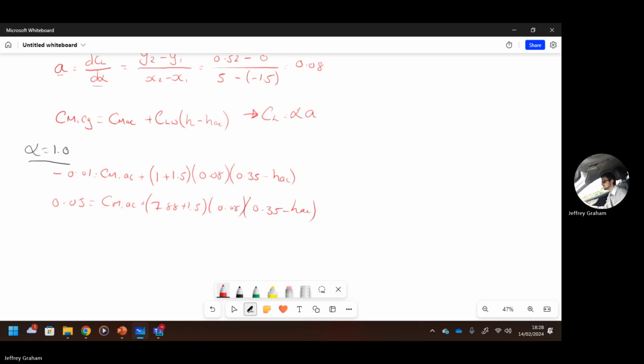Right. Hopefully you can see we've got a simultaneous equation. It doesn't matter which way you go, but you need to eliminate one of the unknowns. Arguably, the easiest one to do is to eliminate CMAC, because it's the same value, if you like. You've got 1 multiplying both of them. So I'm going to subtract these two equations.